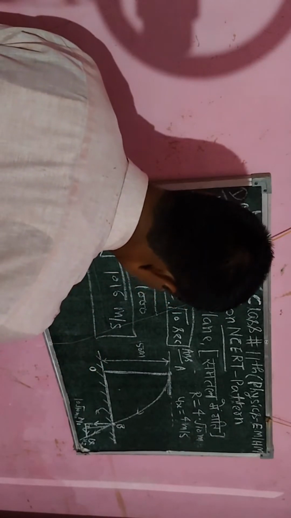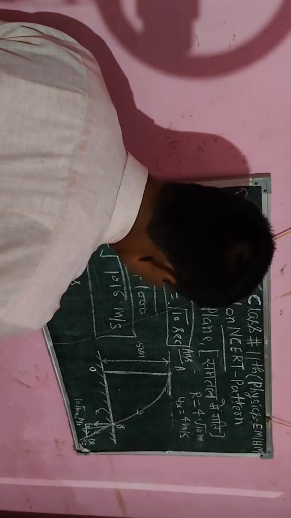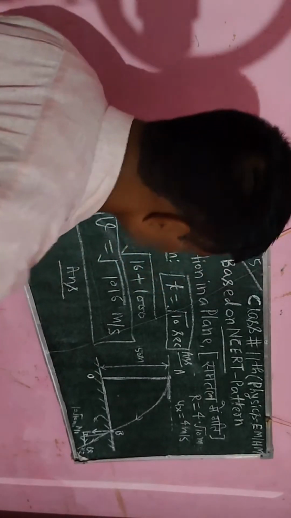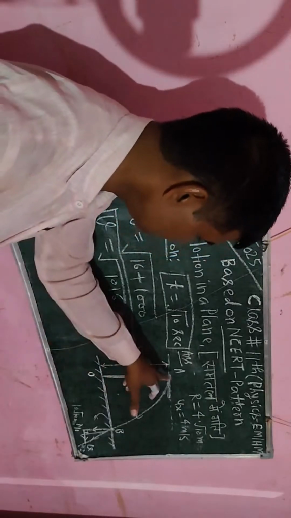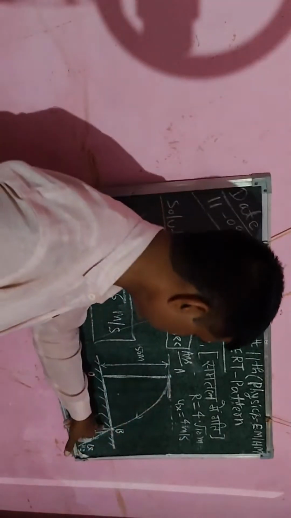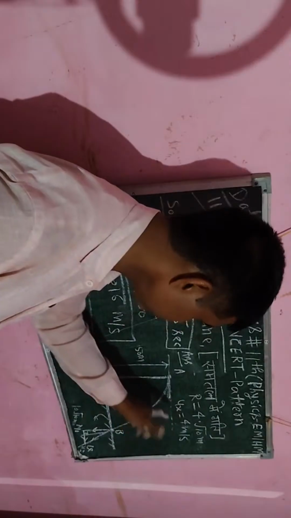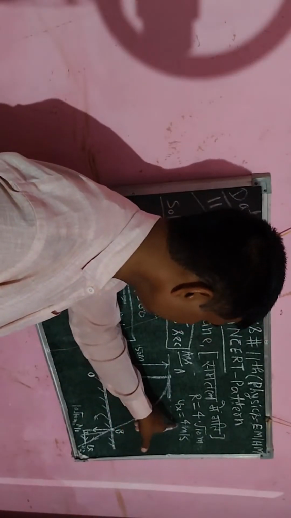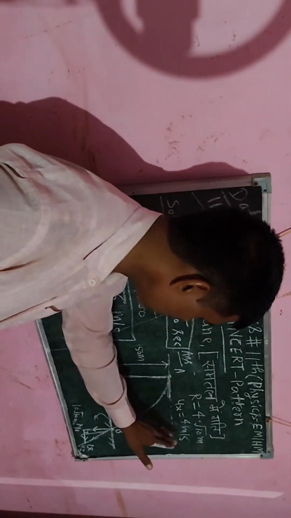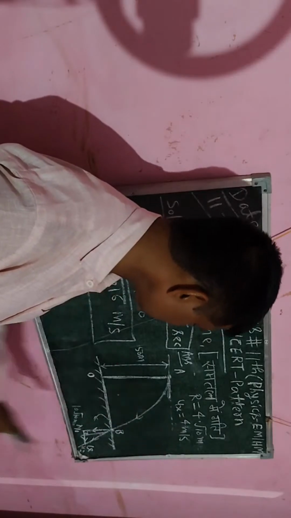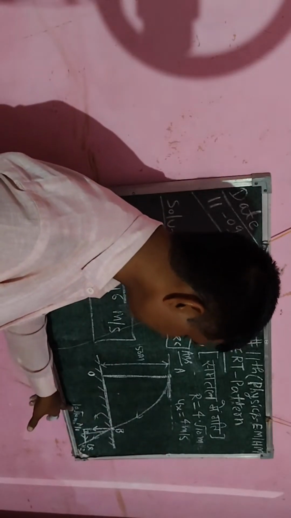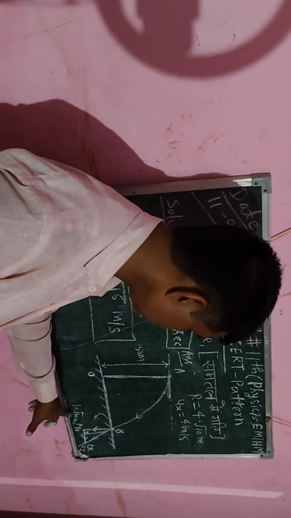This is the resultant of the velocity when any projectile is moving from point A to point B. So I have taken a velocity along the horizontal axis, that is 4 meter per second, but along the y-axis I have got 10 into 10 meter per second.